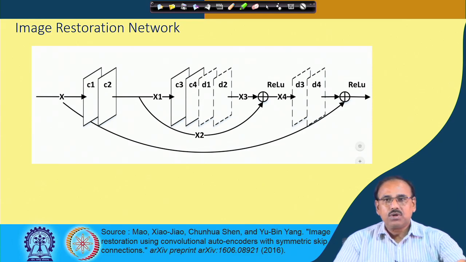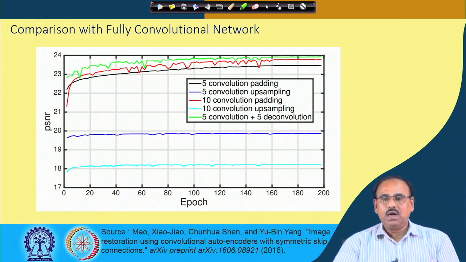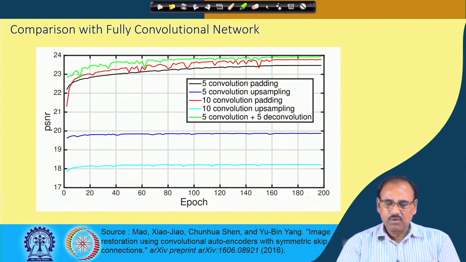The authors have also compared the performance of their network with some other networks, say the networks which are fully convolutional networks. So, they have compared their performance with fully convolutional networks having 5 convolution layers and 5 convolutional upsampling layers, and a network with 10 convolutional layers and 10 convolutional upsampling layers.